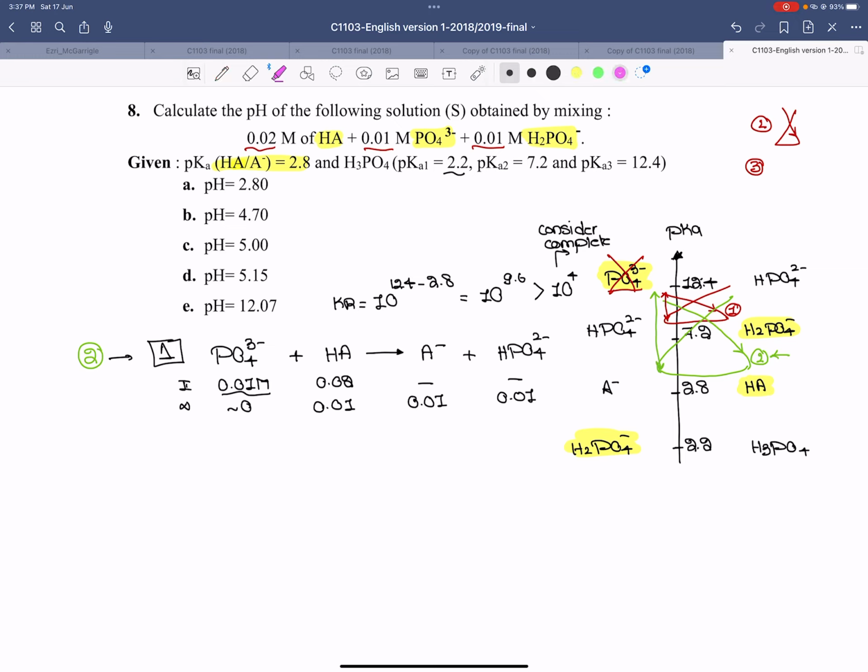The second thing, highlight everything that exists. I still have HA, 0.01 molar. But now I have A-, 0.01 molar. And I have HPO4 2-, again 0.01 molar. Remember, I still have H2PO4-, which is 0.01 molar.